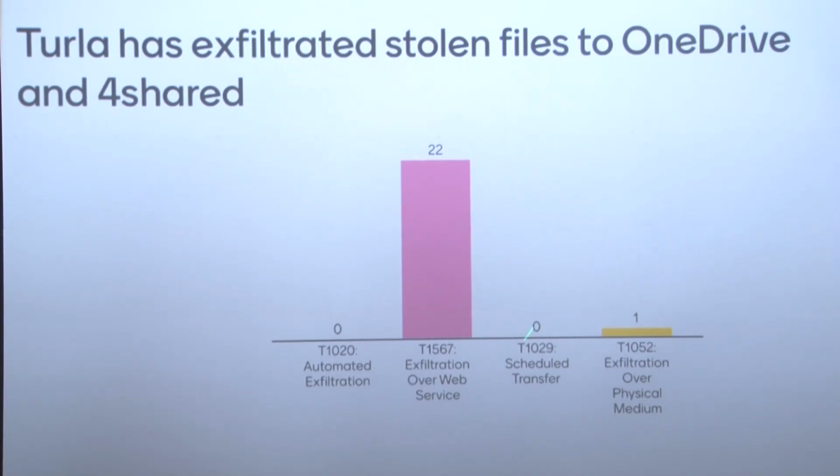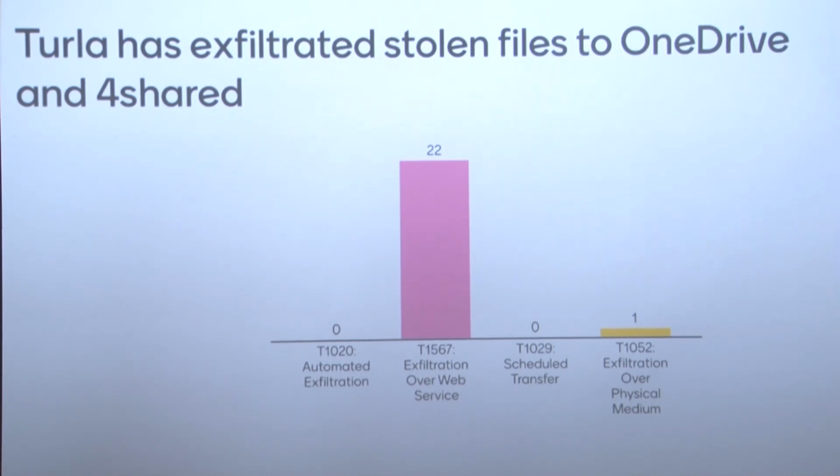The other one is scheduled transfer, in which attackers schedule transferring data. In an organization, there is a high chance that there will be little or no communication in non-office hours. So, mostly attackers schedule their transfer for some unusual time when there is not much activity in the network, or even sometimes when the network is busy, and in that busy network they may do the transferring.